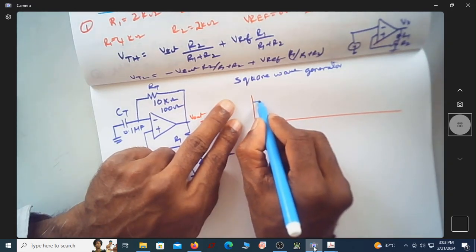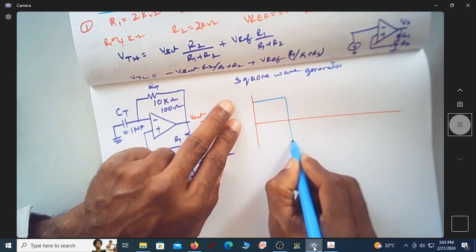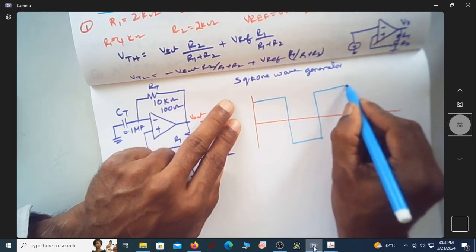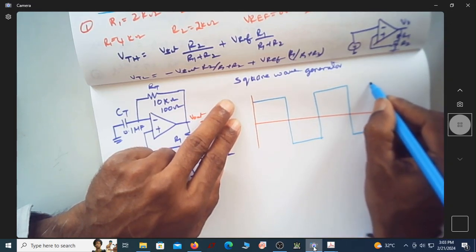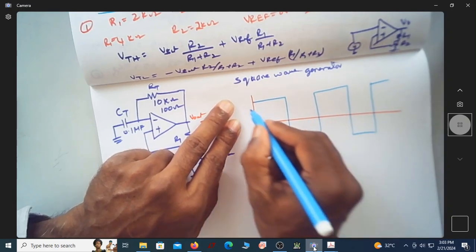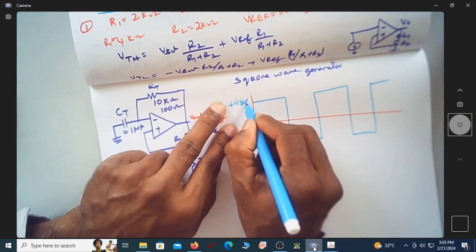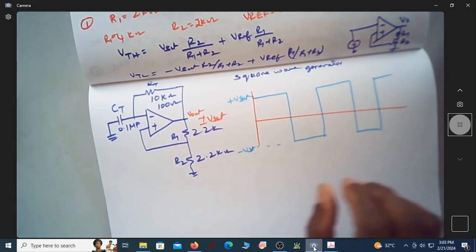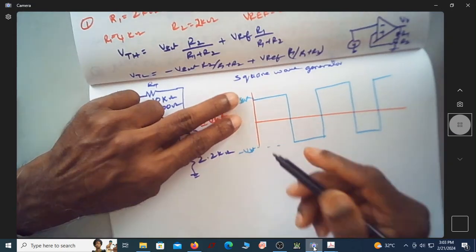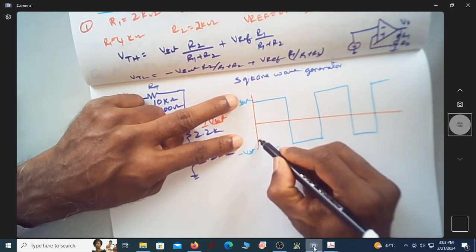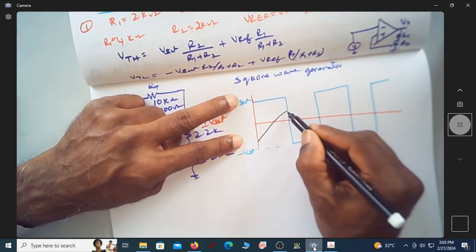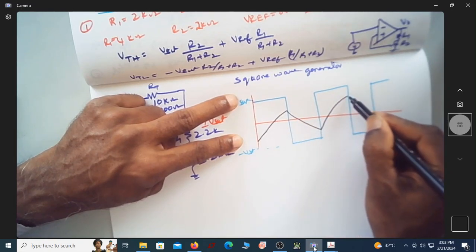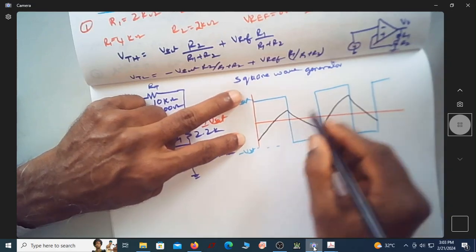So we have output voltage plus V sat, it will go to minus V sat, and then it will again go to plus V sat. This will have a transition like this. This is plus V sat, this is minus V sat, and the capacitor charging and discharging happens this way. The capacitor charges from minus beta V sat to plus beta V sat, and then from plus to minus, exponential charging and discharging.